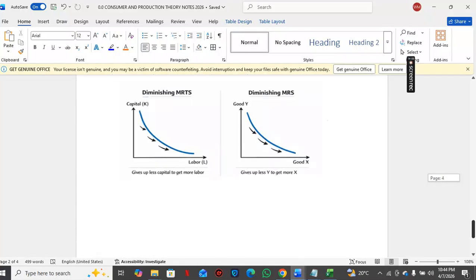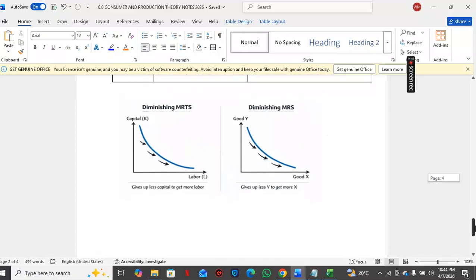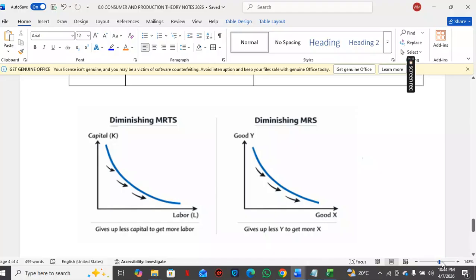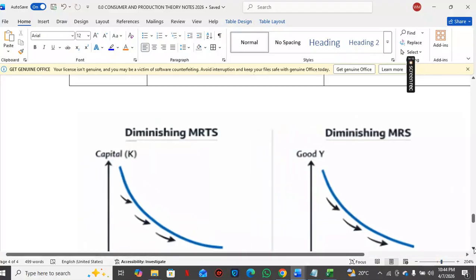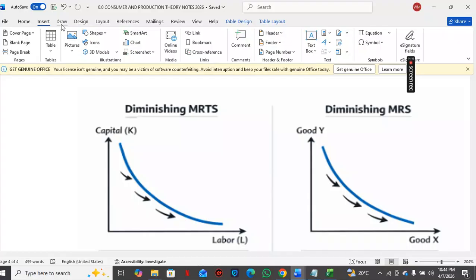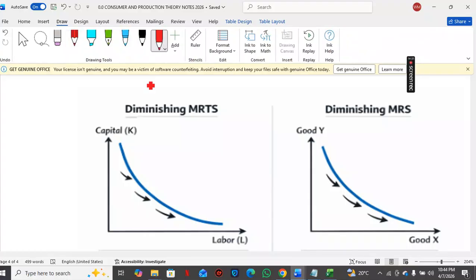Maybe let me draw them. Production theory, consumer theory.